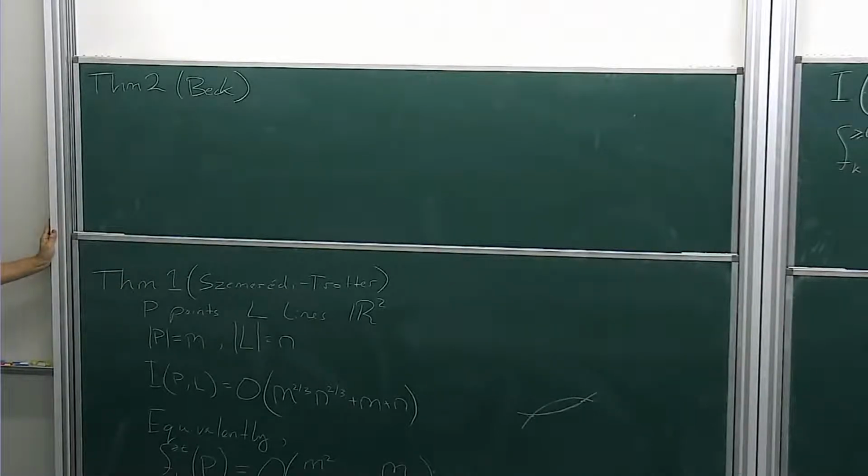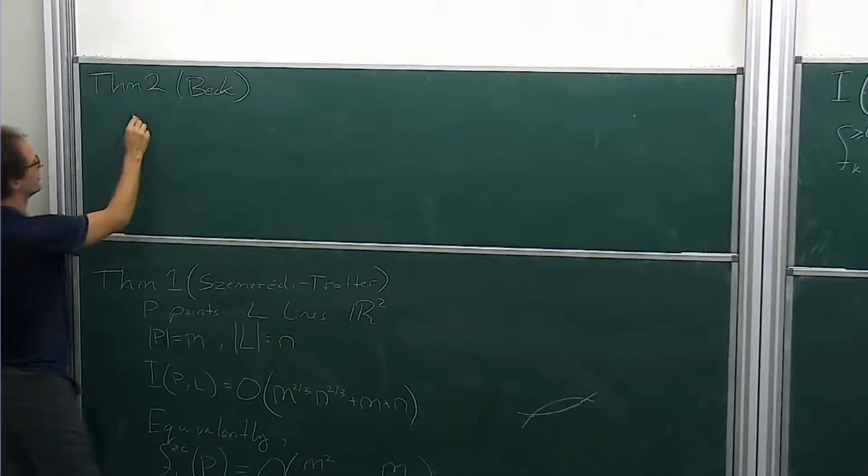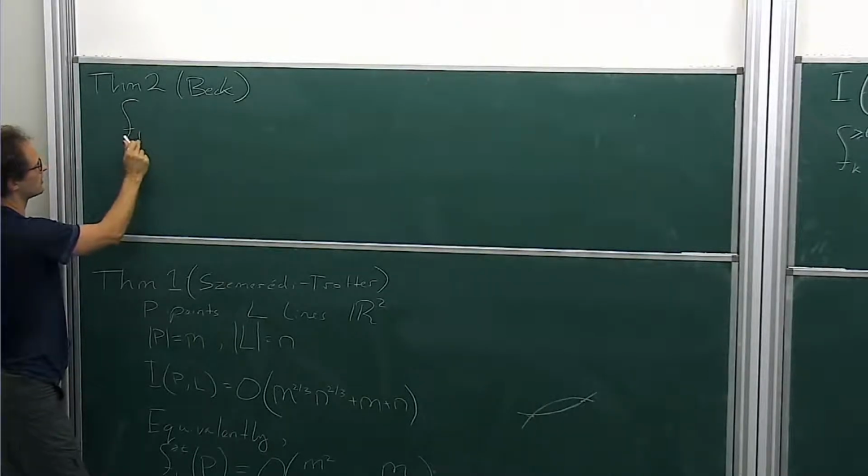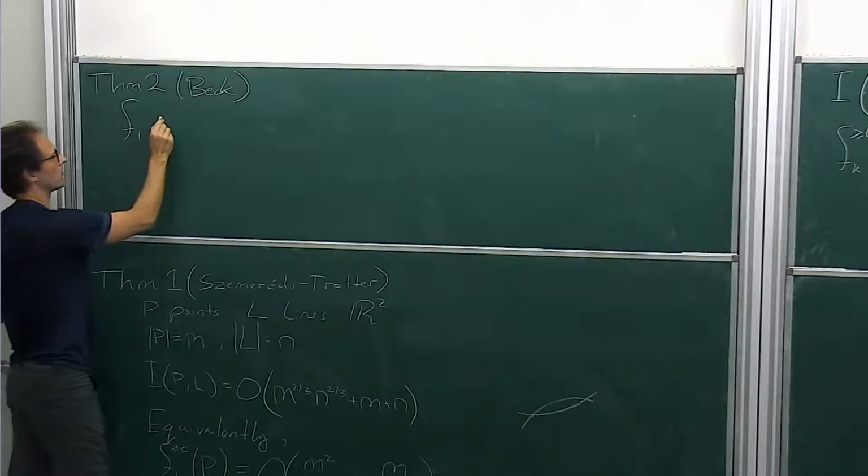The claim is that, given a set of n points in the plane, either the vast majority of the points lie on a single line, or the number of lines that they span is at least n squared. Here, for spanned flats, I'm just going to put an F subscript.